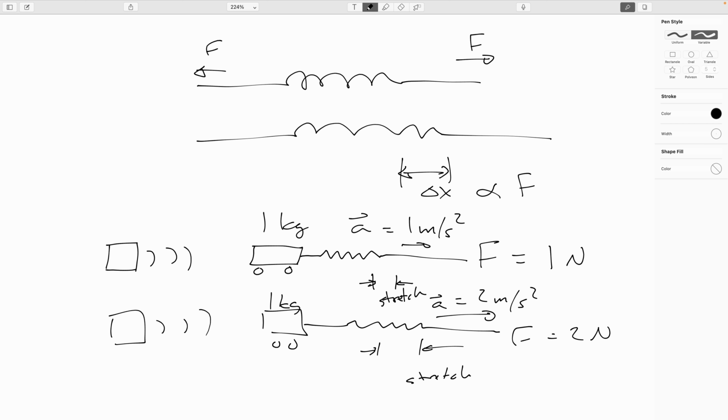And we could repeat this for a whole sequence of applying forces and carefully applying those forces until we get a targeted acceleration. And we can keep measuring the stretch and put tick marks on a scale next to the spring. Basically, we're making a spring scale.